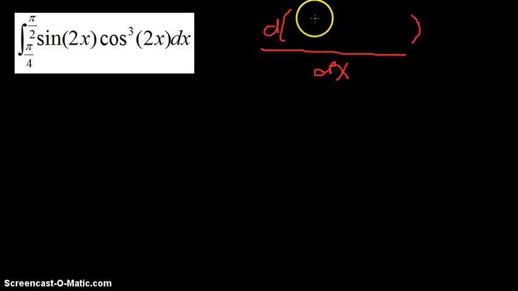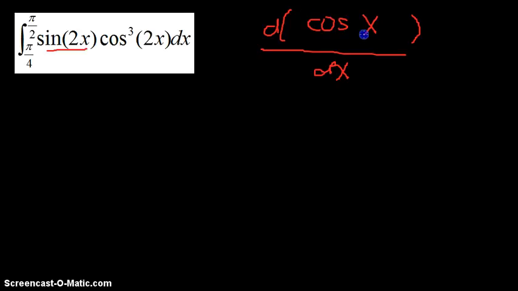So there are two possibilities. Actually, there are many possible things we can put in there, but given what we have, in order to have a derivative that has a sine, a possible one would be something in terms of cosine.